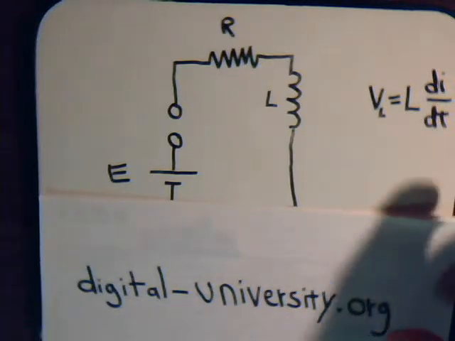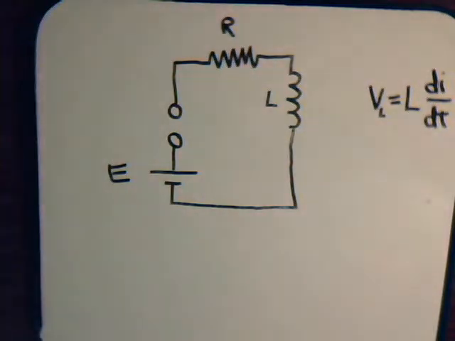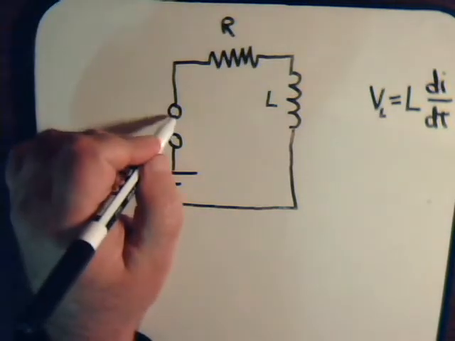digital-university.org. If you watched our previous video, we spent a little bit of time discussing inductance and Lenz's law and counter voltages that are induced across a coil. Just to briefly recap, if we have a simple circuit like this, with a constant voltage source, then at time t equals 0, we close the switch.